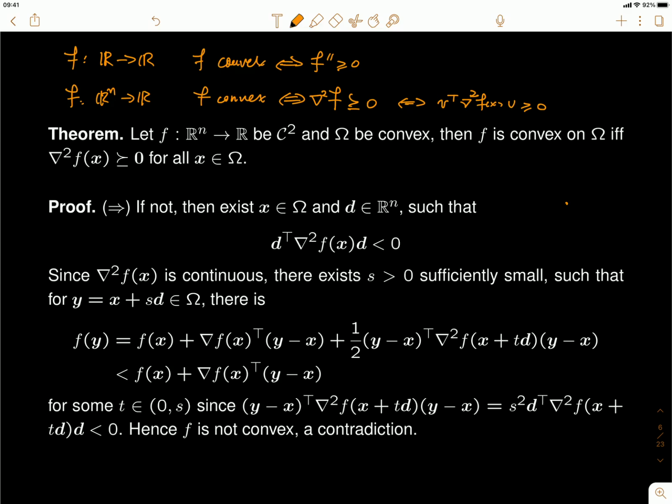As I said, this is the x. I have a ball here, and the radius is s. And now I know the direction d that makes my value here negative. So let's say we go along a certain direction. Say this is the d direction.